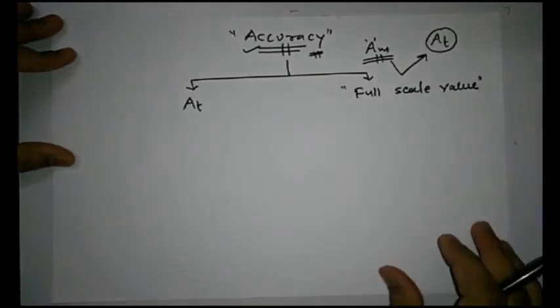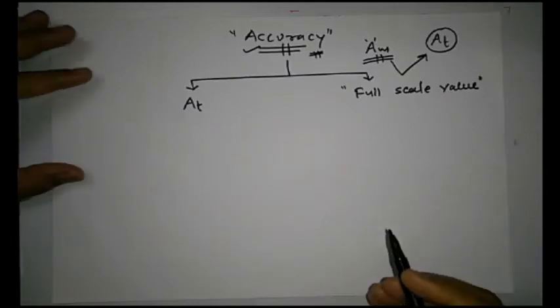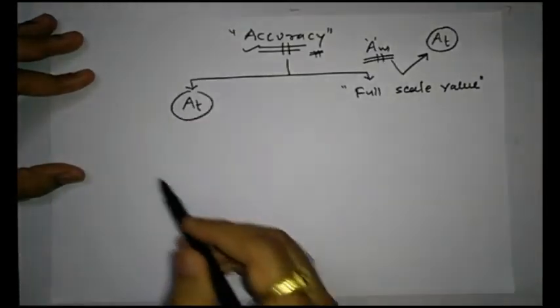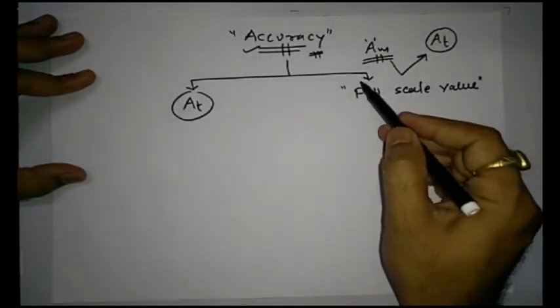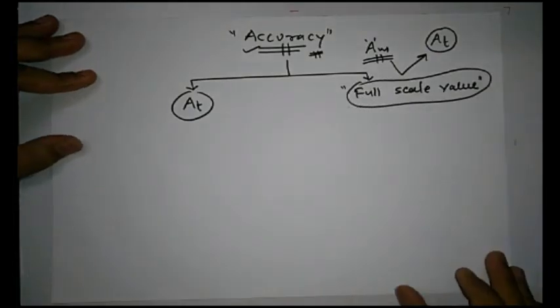So basically we have two different techniques with the help of which we can define, or calculate, the accuracy of a given instrument, either in terms of the true value of a given quantity or in terms of full scale deflection of the given instrument.